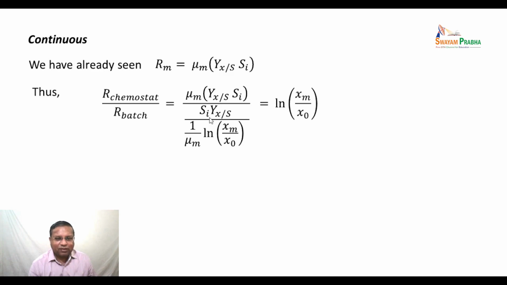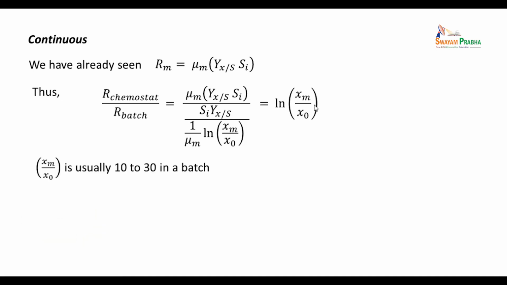As you can see, all these terms cancel out. SI Y_XS, mu m cancel out, and then we are left with ln of xm by x0. Okay, very nice, simple expression we have. Typically, in a batch situation, you have the maximum cell concentration being about 10 to 30 fold the initial cell concentration.